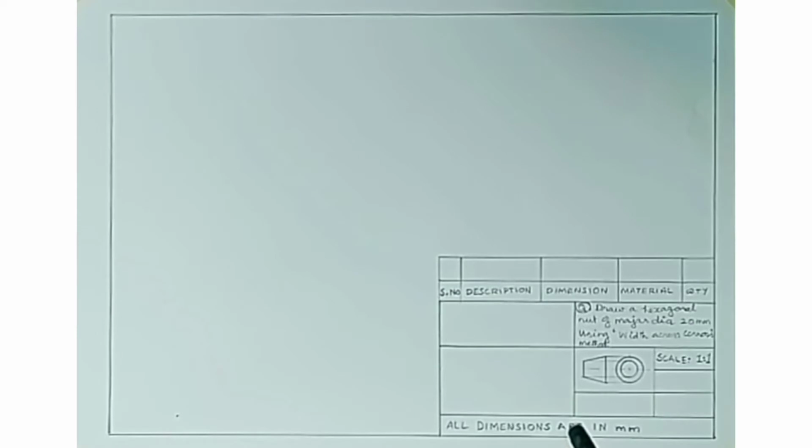According to the rules, the title block and bill of materials column must be completed when you complete the drawing. So I will complete other details when the drawing is completed. Now I have mentioned only the essential details. This is the question.